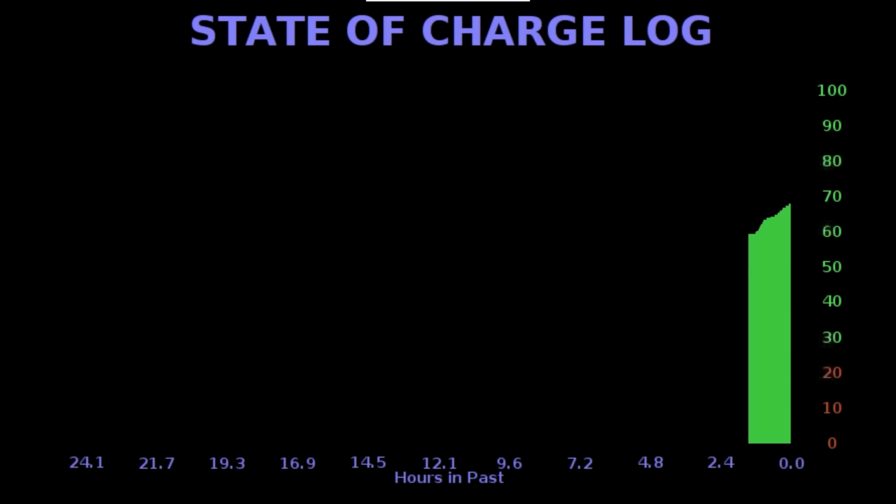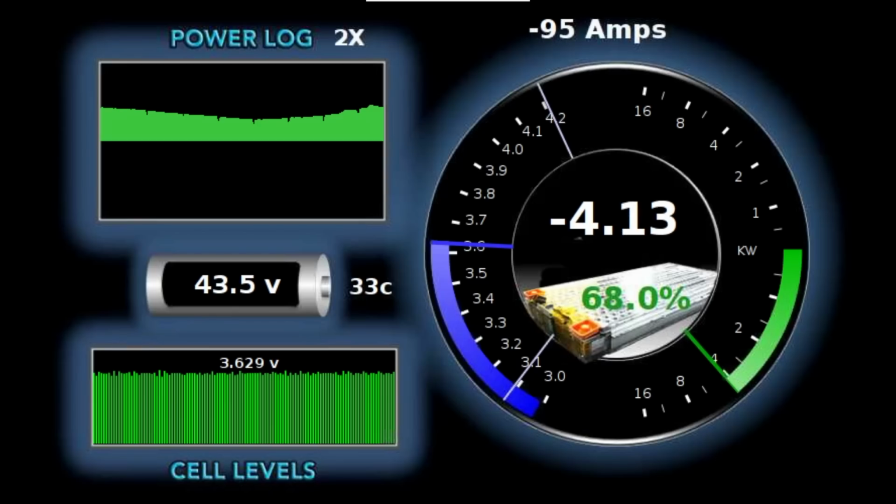So we have a much slower log here. Left to right will be 24 hours of logging, where left to right here is 6 or 7 minutes, because for test purposes we're logging this every second.